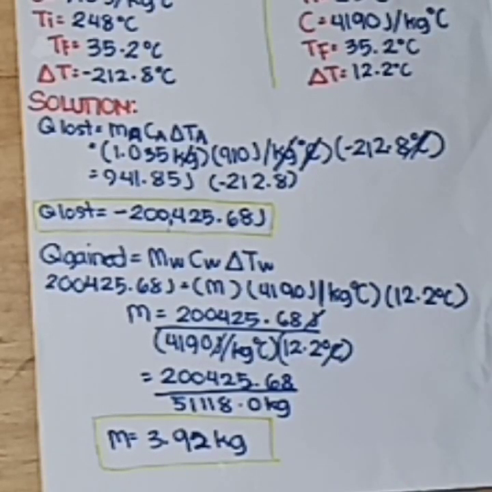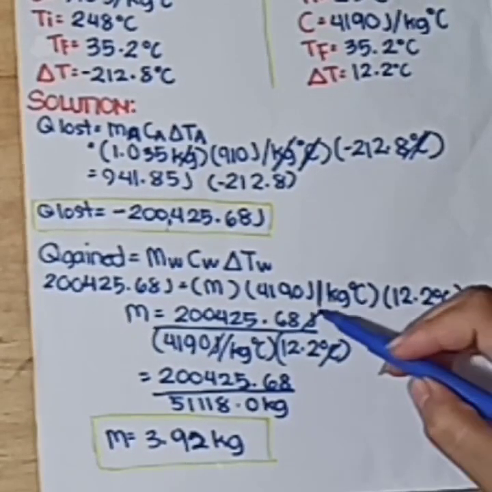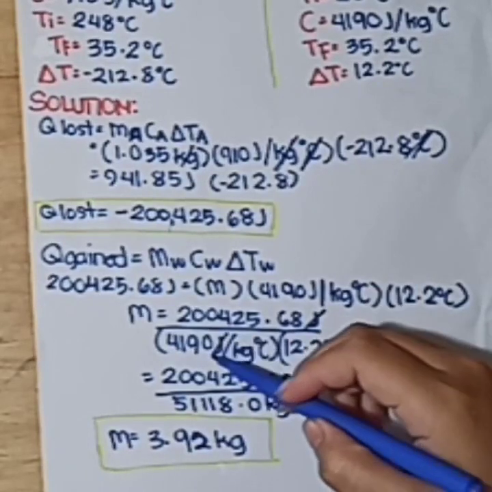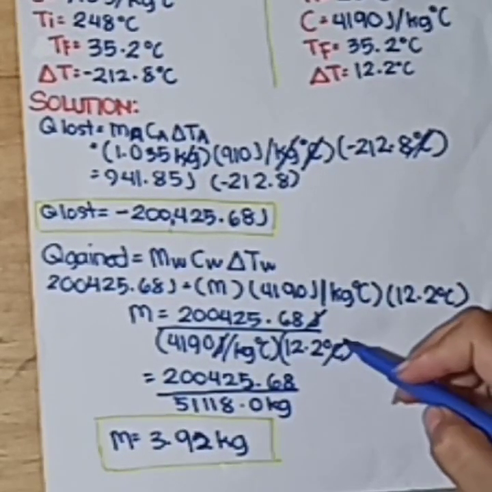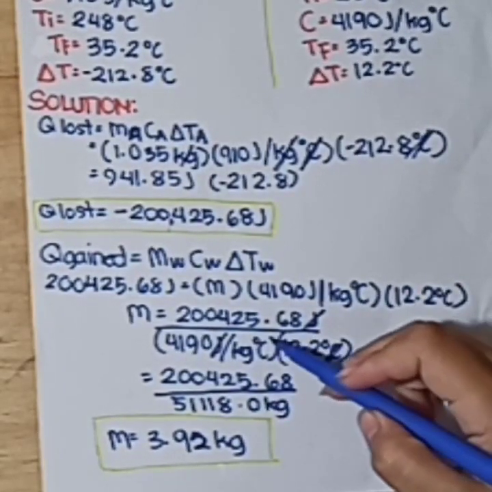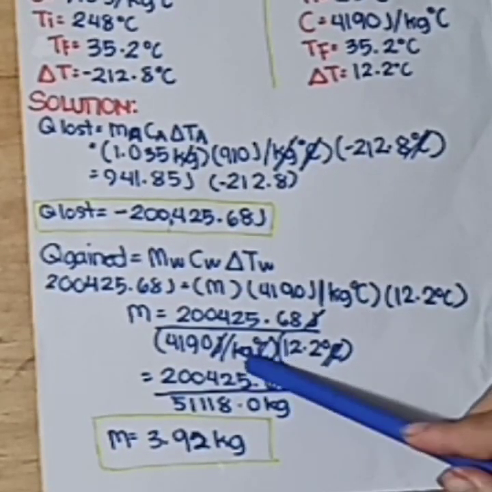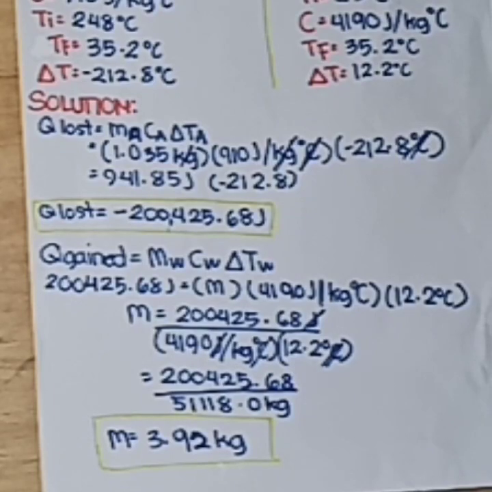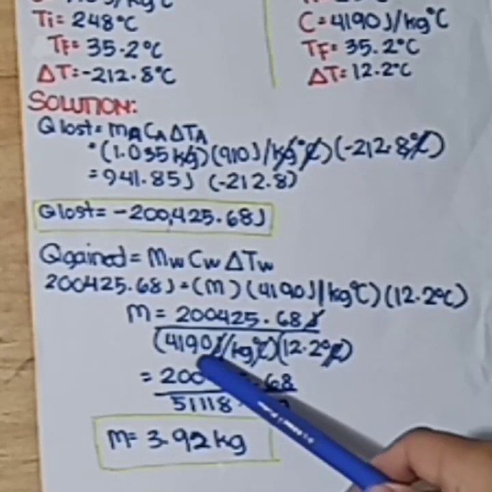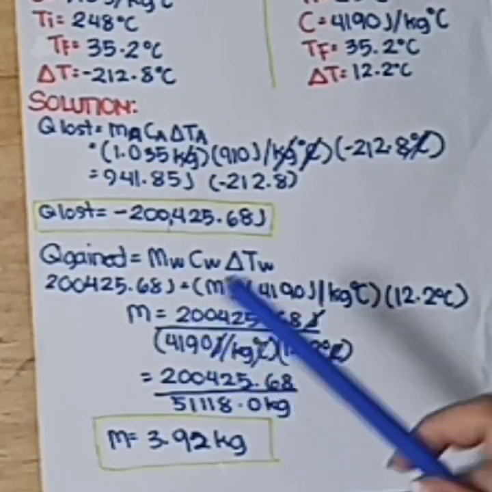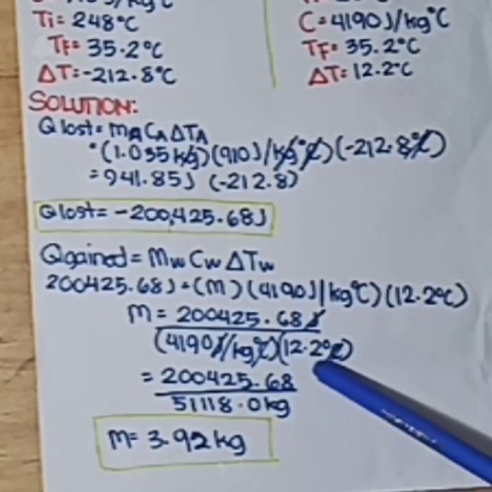So first, we're going to cancel out the joules. Next is the specific heat. So the remaining is only the kilograms. So we're going to multiply the 4,190 times 12.20.